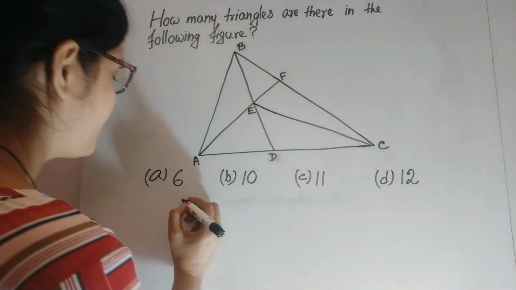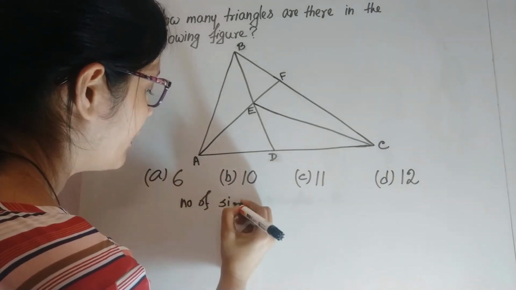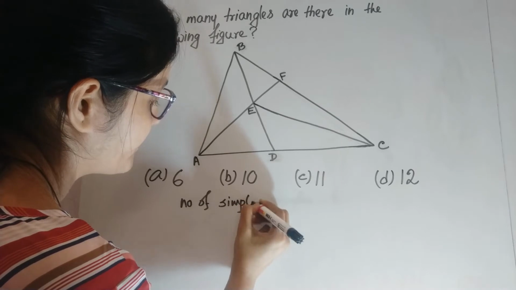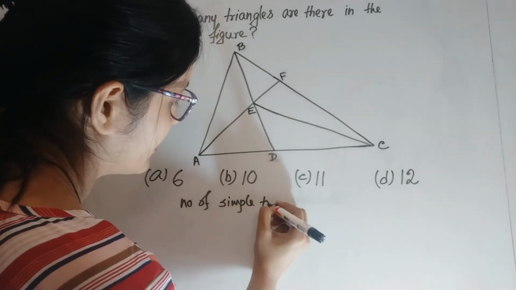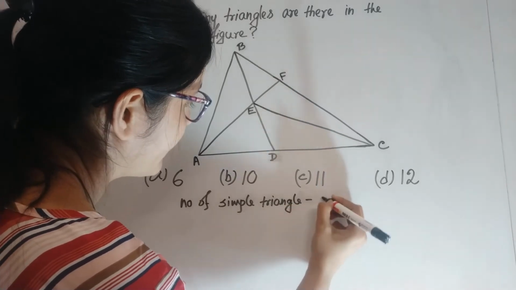Therefore, number of simple triangles. How many? 5. Right?